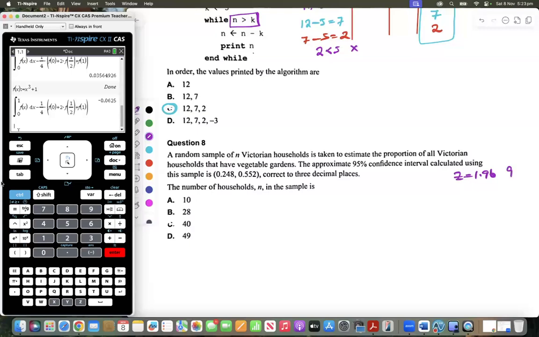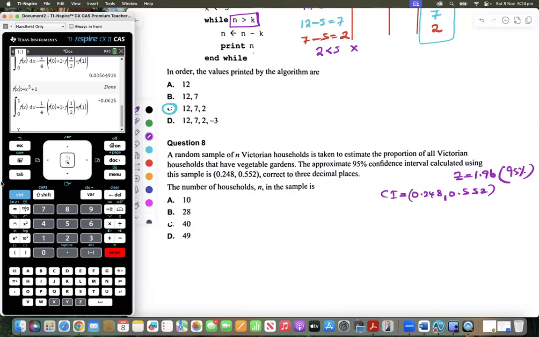So we know that value. What's happening here is your CI is equal to 0.248, 0.552.